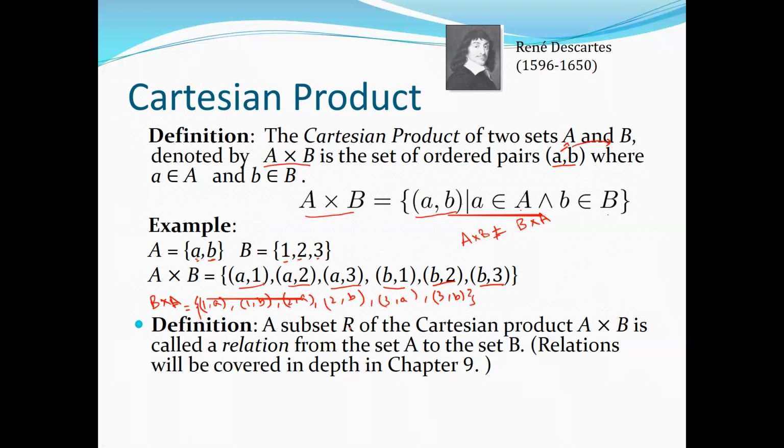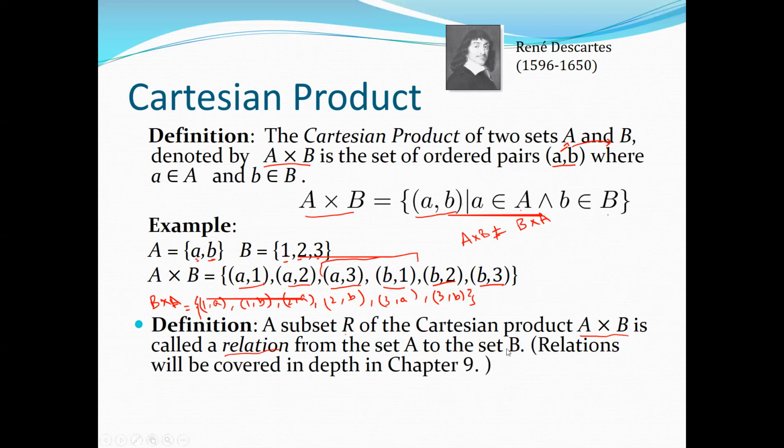So, a subset R, one more definition of the relation here. A subset R of the Cartesian product A cross B, a subset of these ordered pairs, for example these three, these two, or these three, whatever, is called a relation from the set A to set B, right? So what is the definition of the relation?